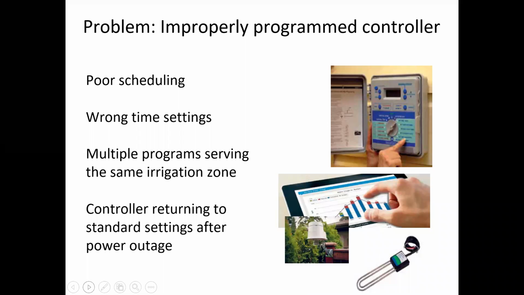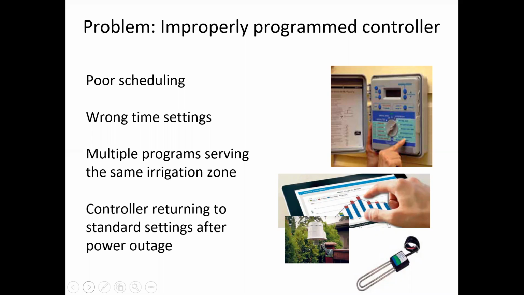Maybe it's set to AM when it's actually 7 p.m. Or having multiple programs serving the same irrigation zone. You're going to want to make sure you're checking your program A, B, and C, and that things aren't set on there so that you're not doubly irrigating that same zone.